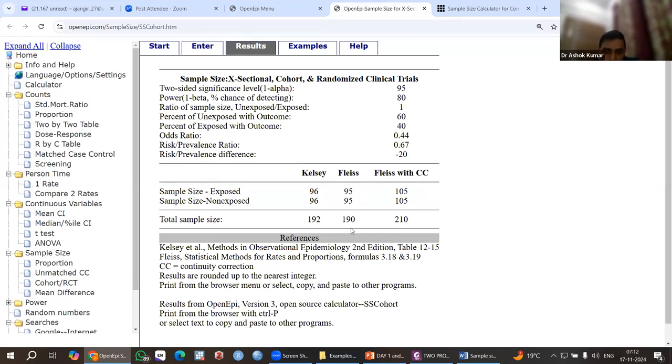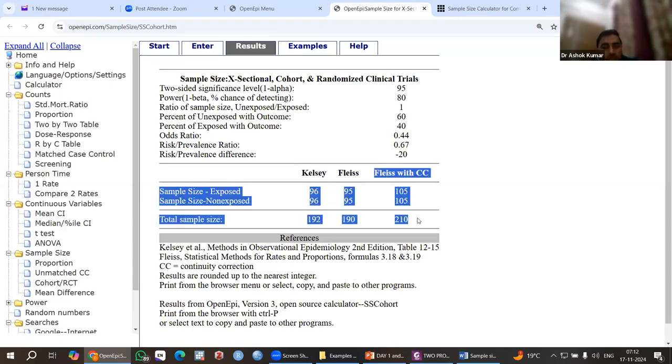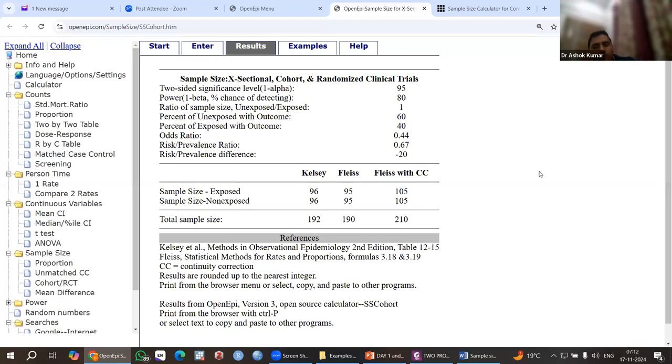It comes to 95, and with Casagrande it comes to 96. So I recommend please don't use the smaller number, 190; 192 is the larger number, so please go for this. No need to go for continuity correction for our sample size. If you want to, you can, but I don't recommend continuity correction.